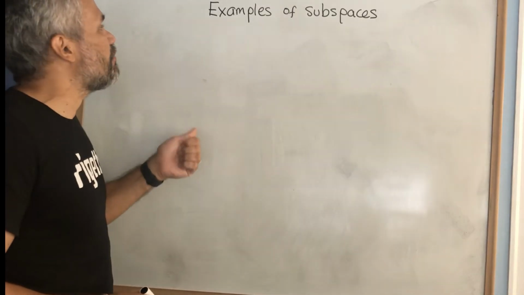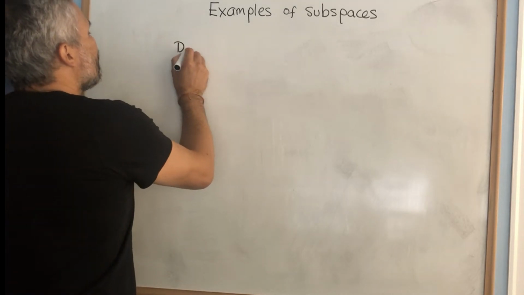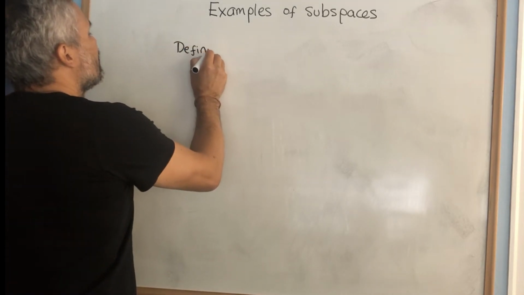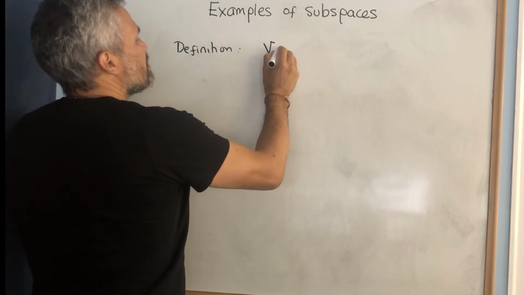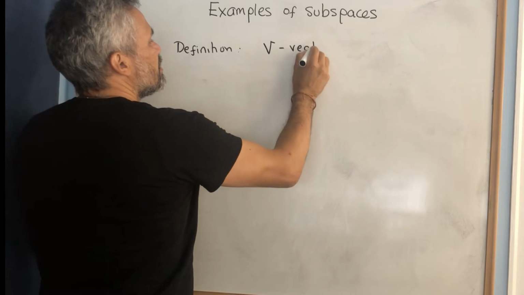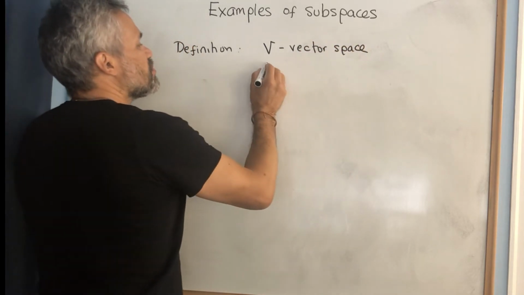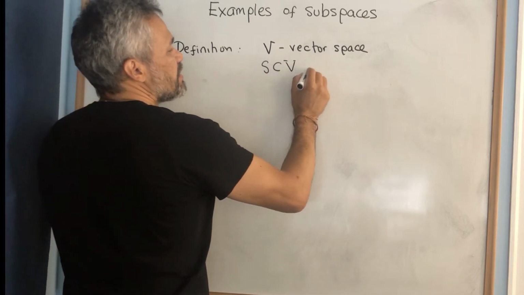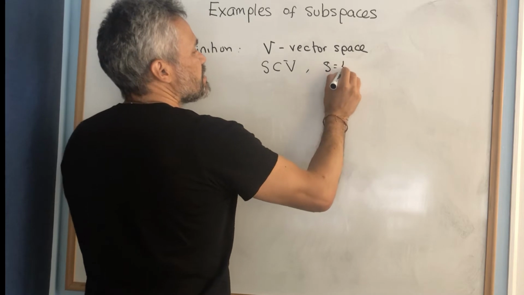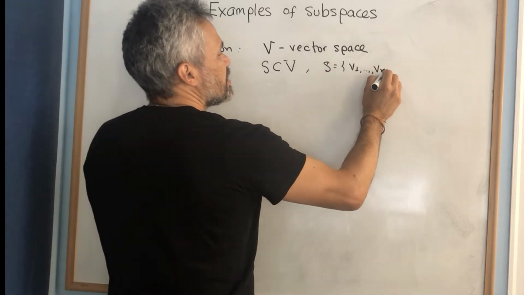Let's provide more examples of subspaces. Before doing that, let me provide the following definition. Let's suppose that V is a vector space, and let's suppose that S is a subset of V, but in this case we're going to assume that S has just finitely many elements.